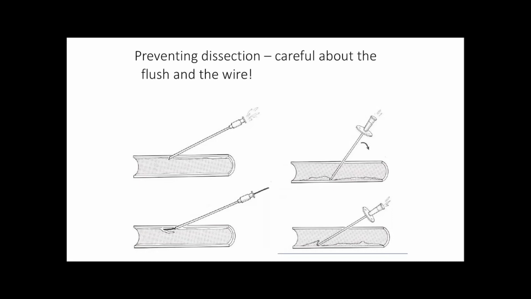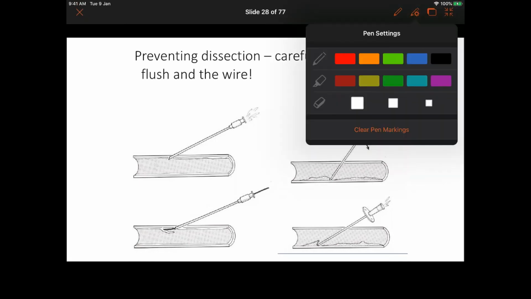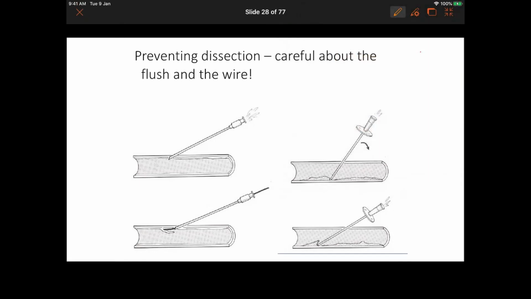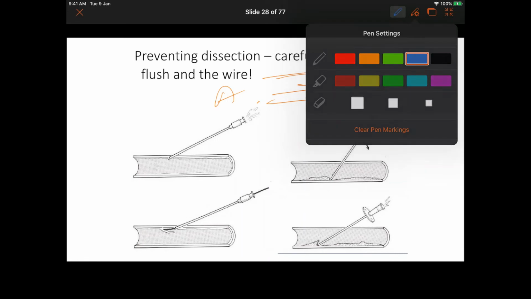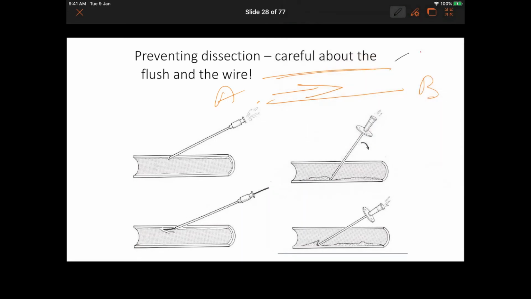What we mean by retrograde dissection is this: if you see an artery or a vein, if this is a vessel here, the flow is from above to below, and when you are puncturing like this, you create a rent in the vessel. So this is our dissection flap.